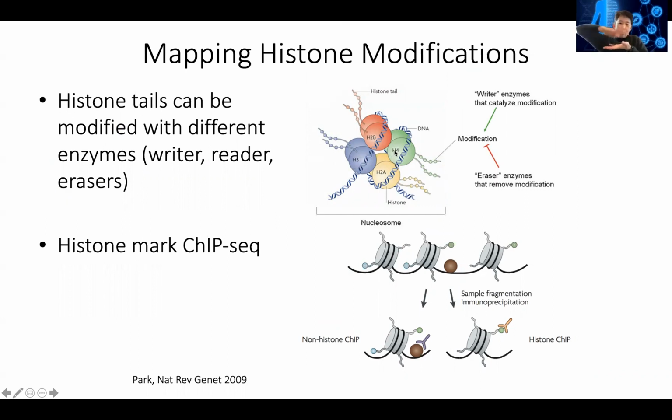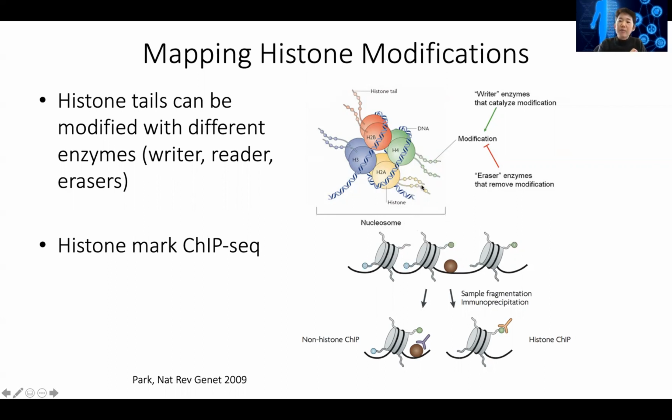They are 4 together and stack on top of each other. Actually, I don't think this figure is accurate. It should be 4 with 1 circle and another 4 with the other circle, not this way. Anyway, you can see here the histone tails that come out of this, and these can be modified.